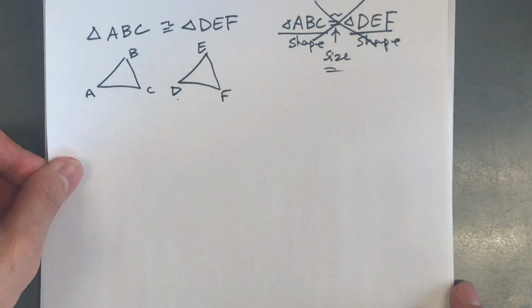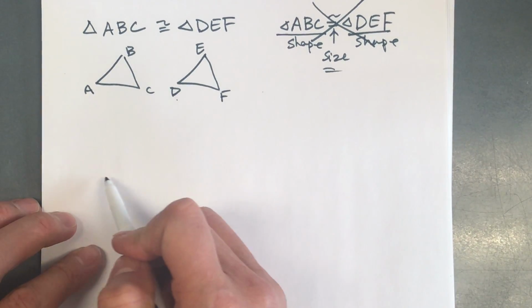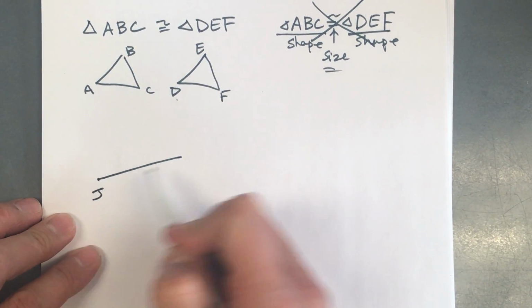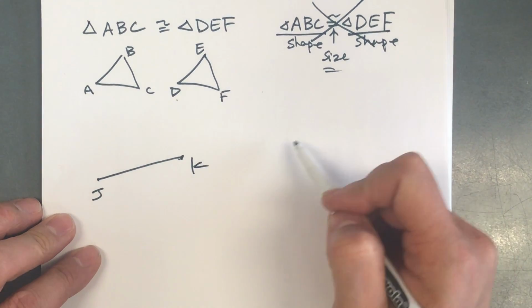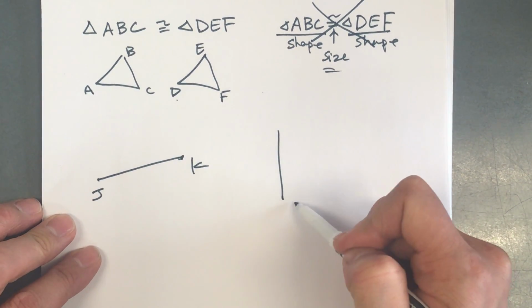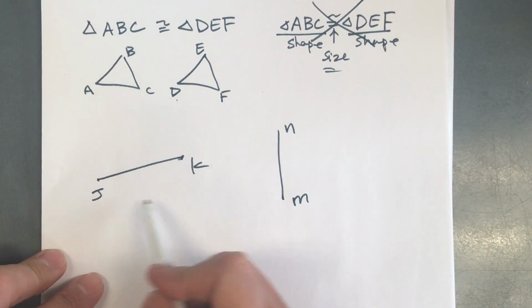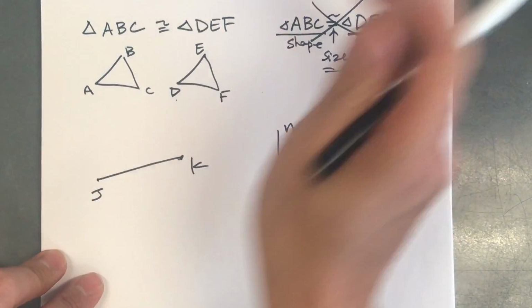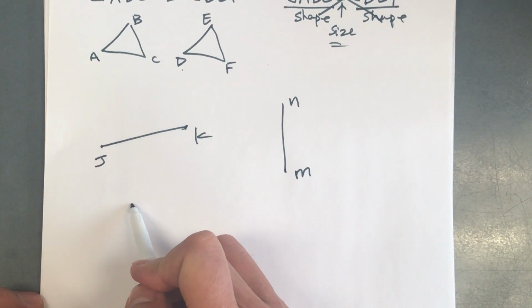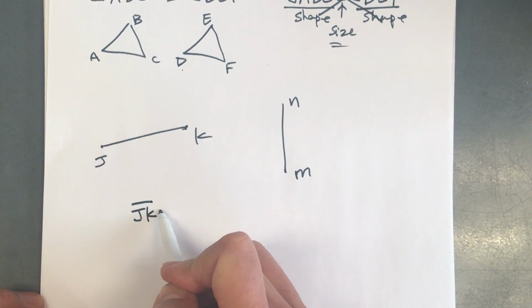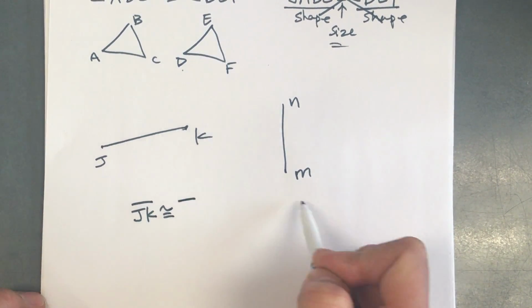But when it gets to something like this, let's say we have a segment, from here it's J and K. We have another segment, let's say M, N. If we want to say these segments are congruent, if we are talking about shapes, then we have to write segment JK is congruent to segment MN.